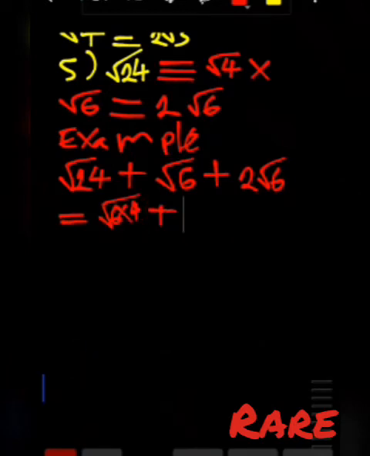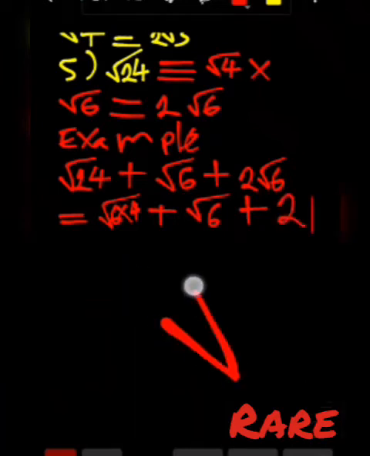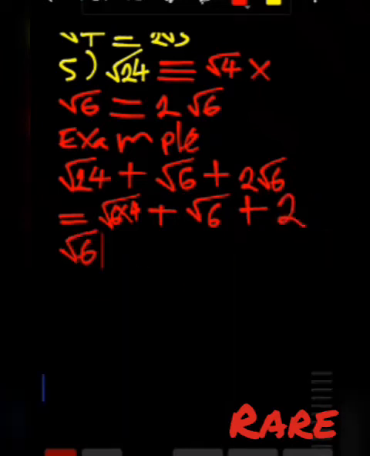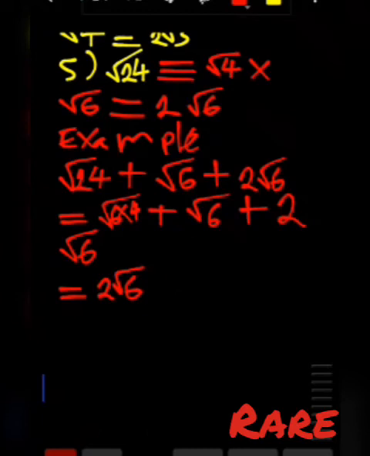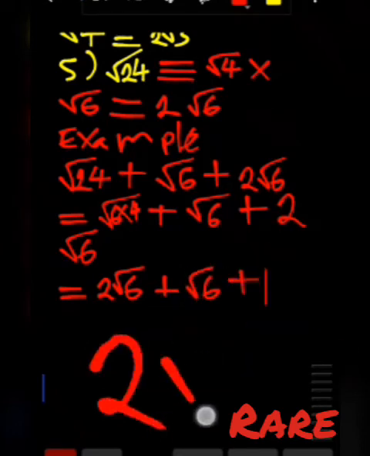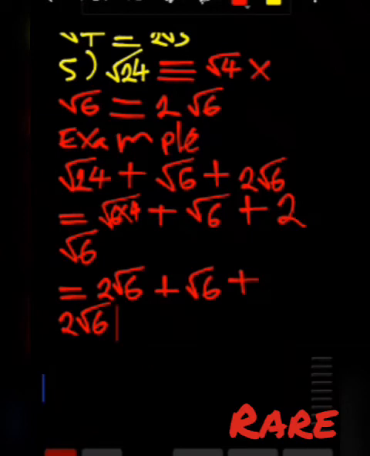Then plus the root of 6 plus the root of this. Then this is equal to 2 root 6. There, this is the mixed surd for 24 plus root 6 plus 2 root 6, like this.